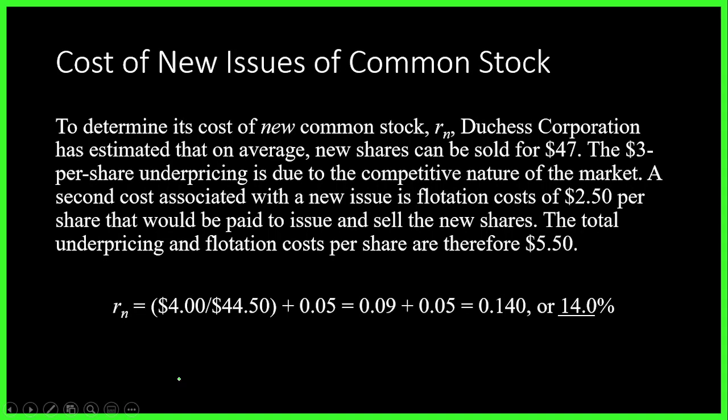Since it can be sold for 47, di ba dapat ibabawas mo muna yun, no? The 3 per share underpricing is due to the competitive nature of the market. Para maibenta mo yung stocks mo, magbaba ka na lang ng 3 pesos. A second cost associated with the new issue is flotation cost of 2.5. So yun pala, doon galing yung 5.5: 2.5 plus 3. And then you compute, you now have 14%.